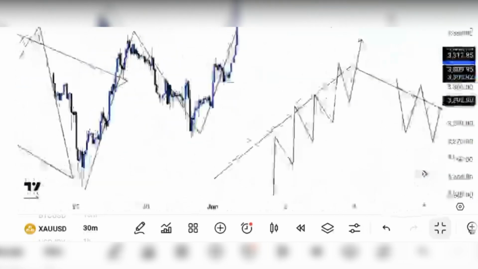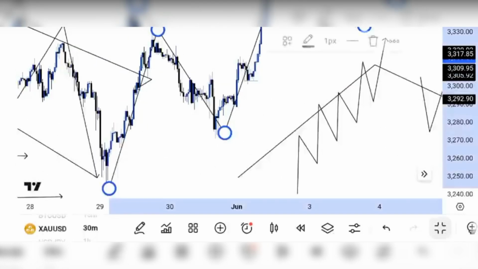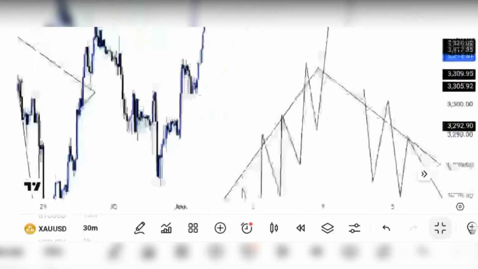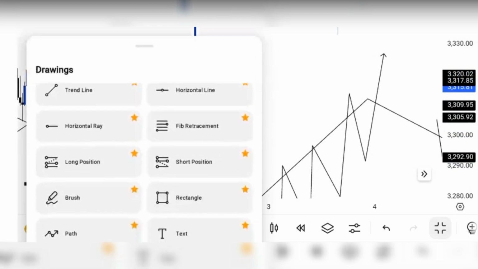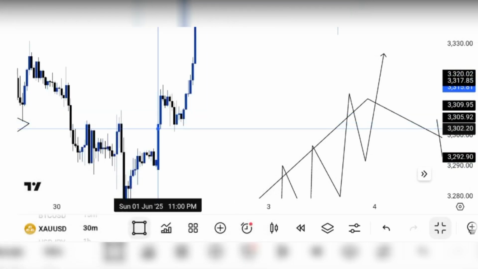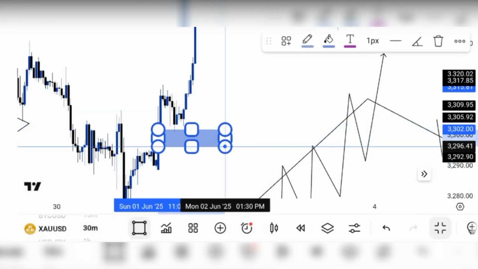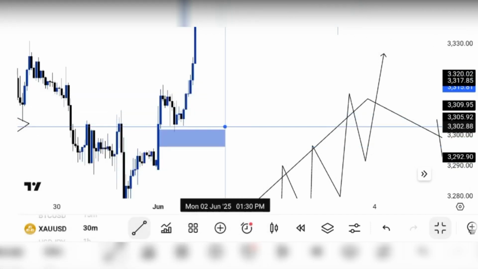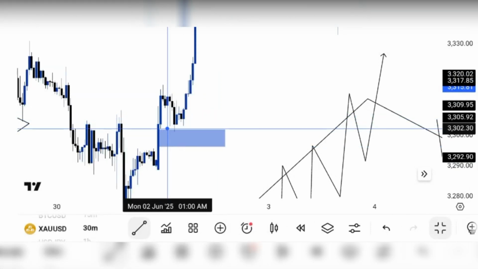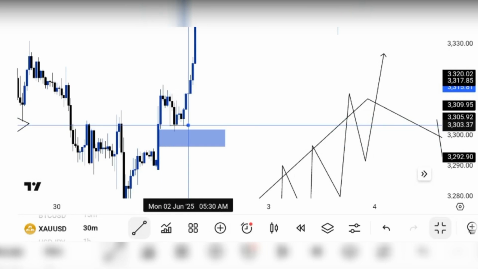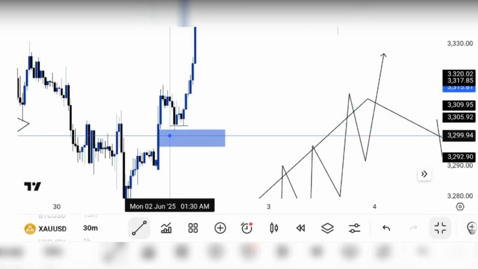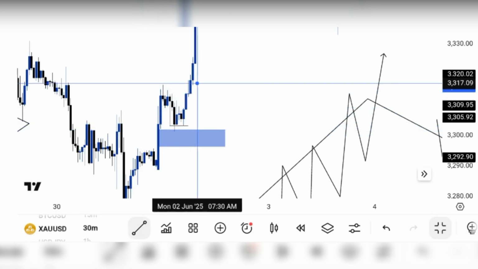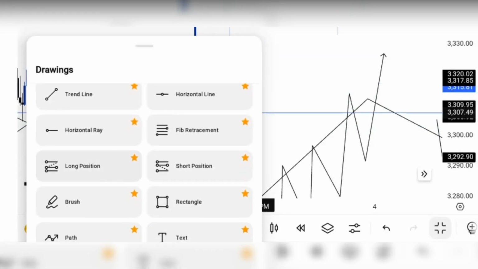Now let me show you some clear examples. So now this is another example. You can see that we have a fair value gap here. On this fair value gap, price creates liquidity. This candle right here is your liquidity. You can see that price takes out the liquidity, mitigates your fair value gap, and then price continues going up.